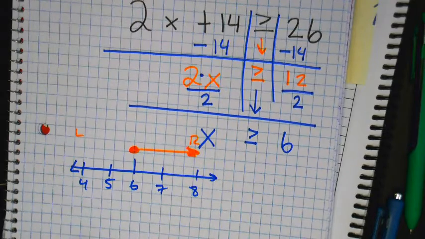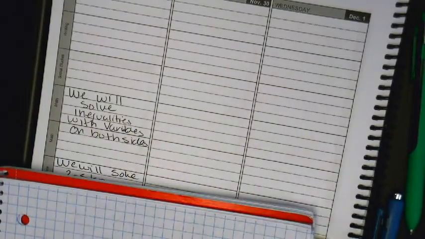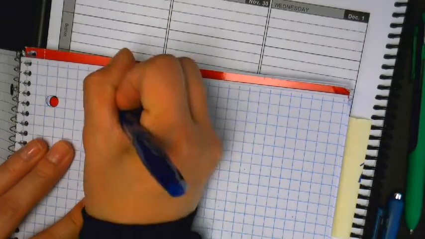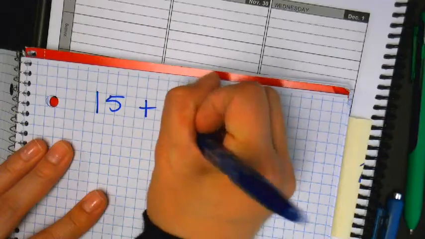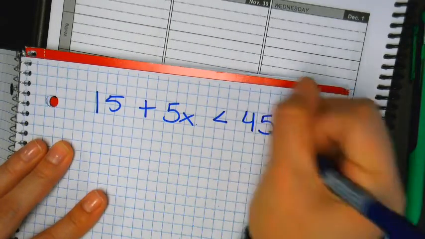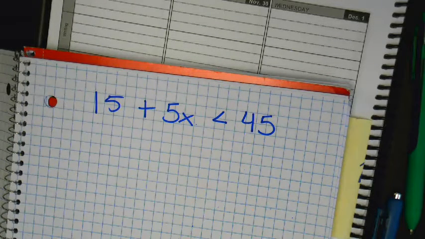All right, let's do one that looks very similar to this one. Let's go with 15 plus 5x is less than 45.